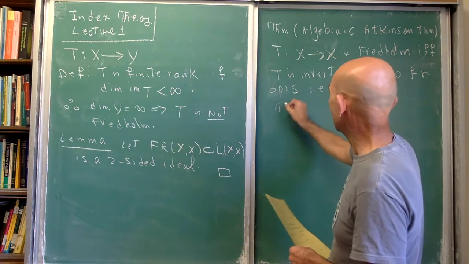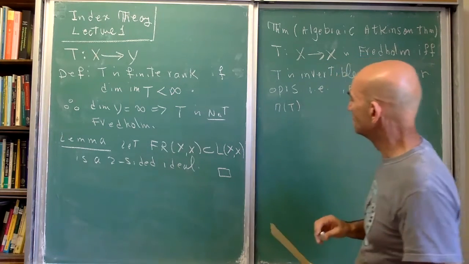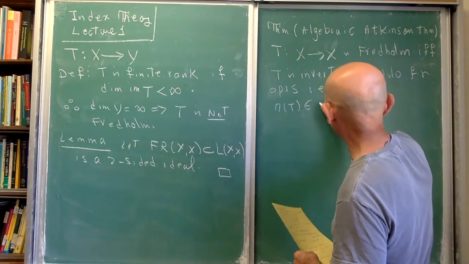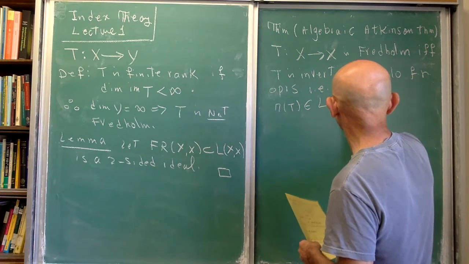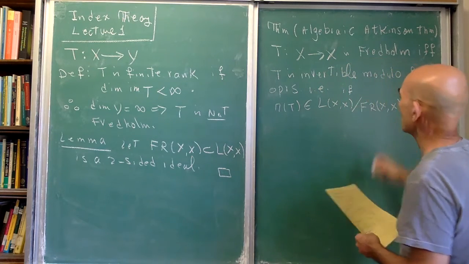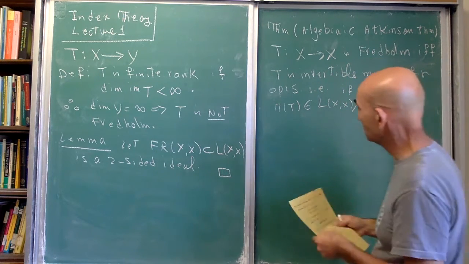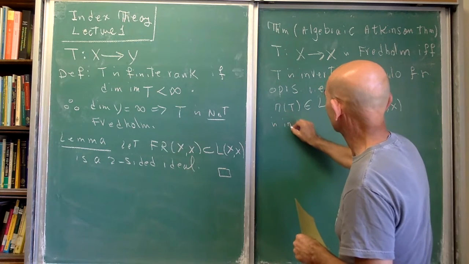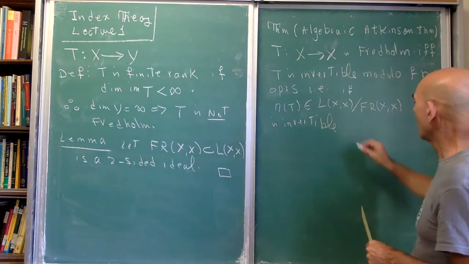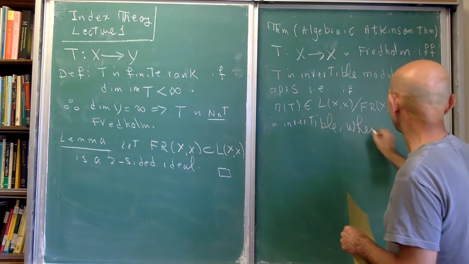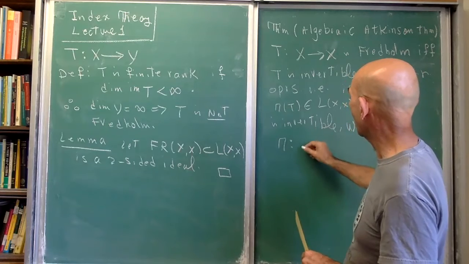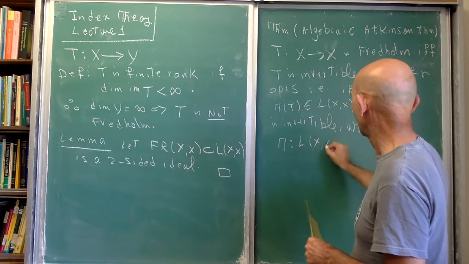If π(T), belonging to the quotient algebra L(X,X) divided by finite rank operators on X, is invertible, where this π is the natural projection from L(X,X).